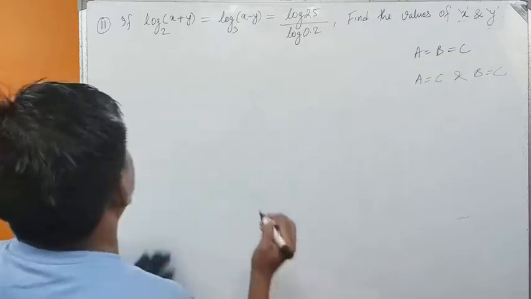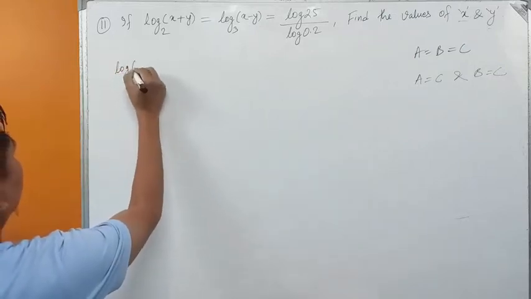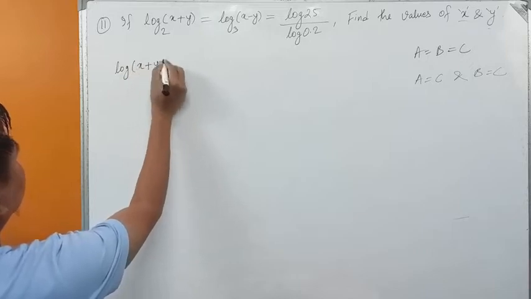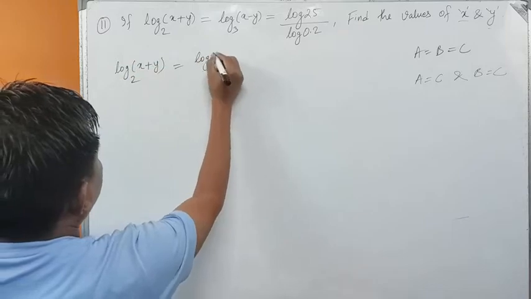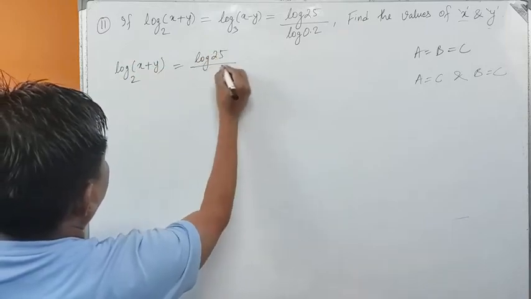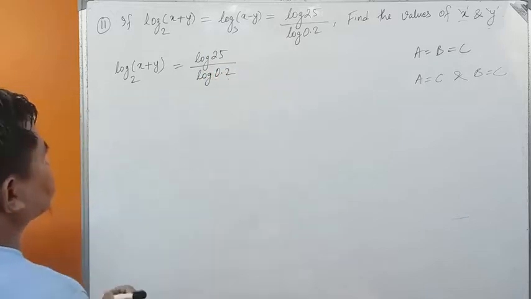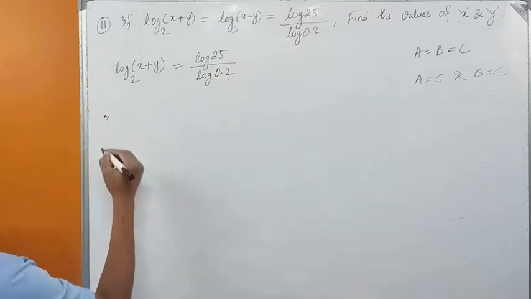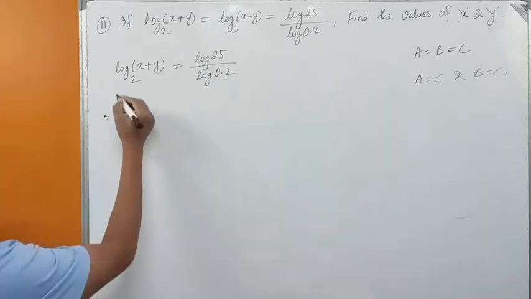Now, first is log (x plus y) to the base 2 equals log 25 upon log 0.2, and the second is this equals this. We will do that later on.